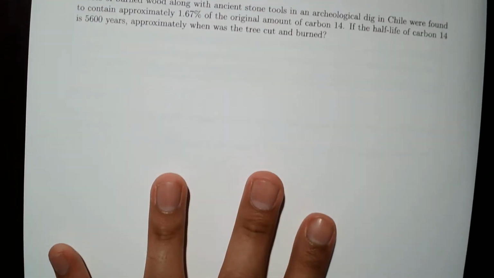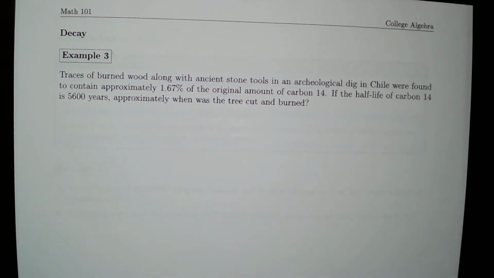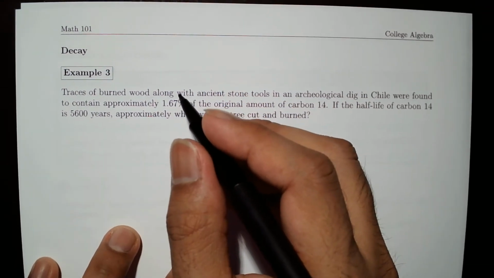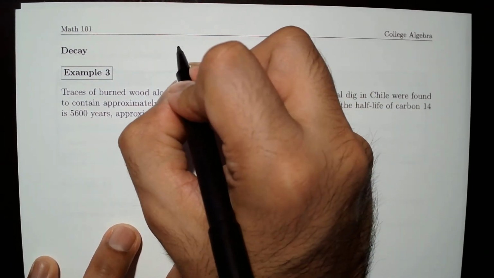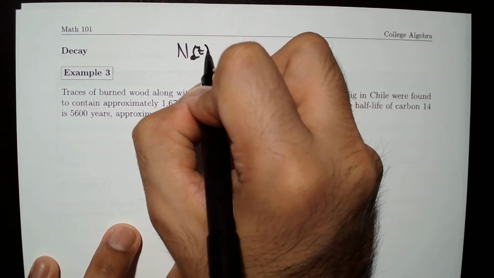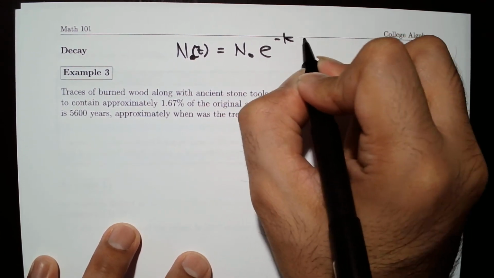Let's do now decay. For decay, the function is going to look somewhat similar, because as we discussed almost at the beginning of the chapter, N of t equals N initial e to the negative kt.